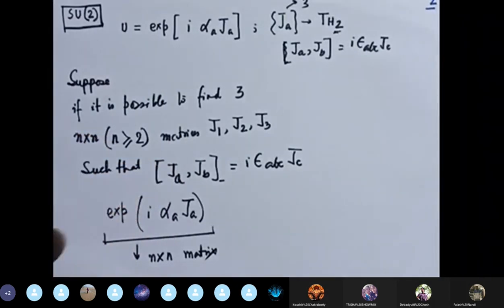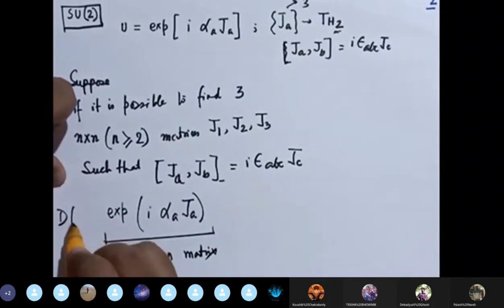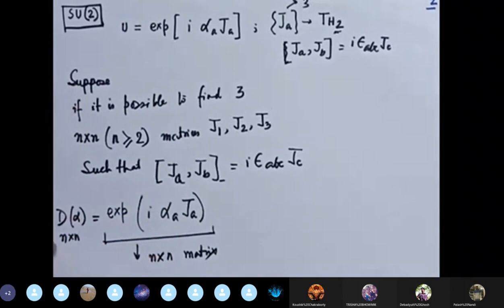Then in that case, this object, which is an n cross n matrix, we call an n-dimensional representation of SU2.